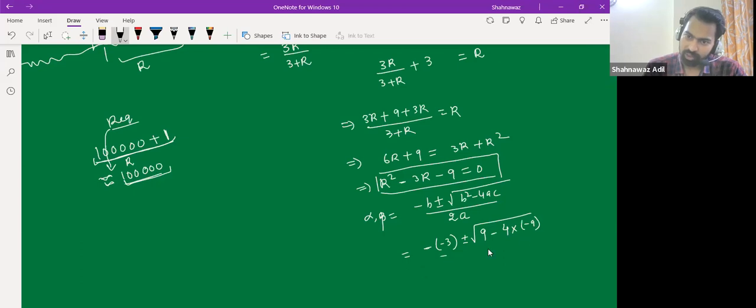So by 2, this would be 3 plus minus the root of 36 plus 9, 45, and then divided by 2.